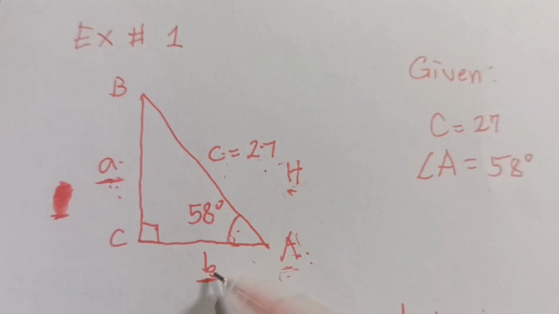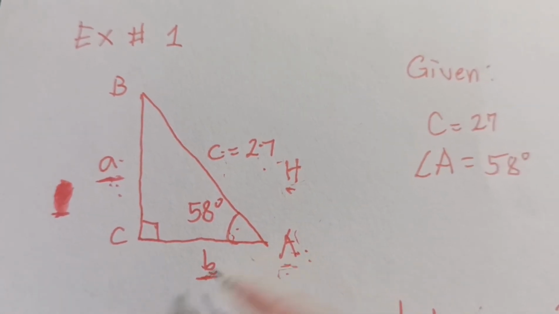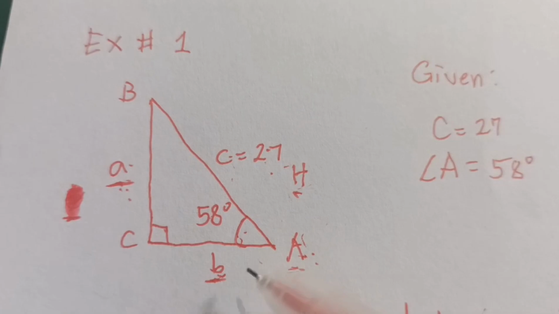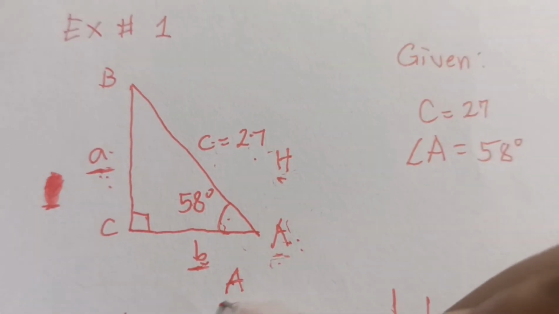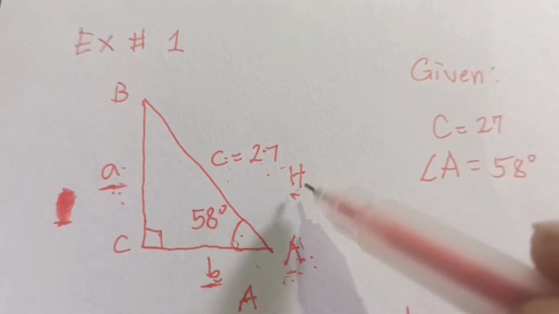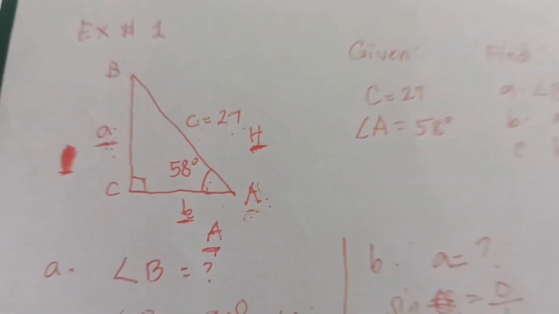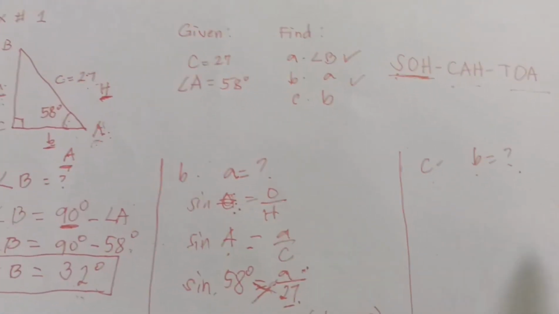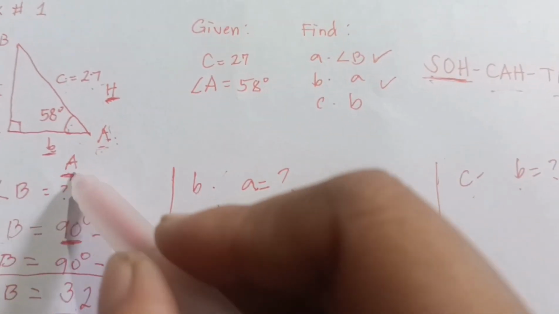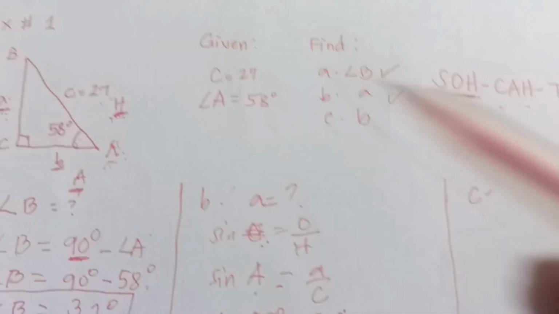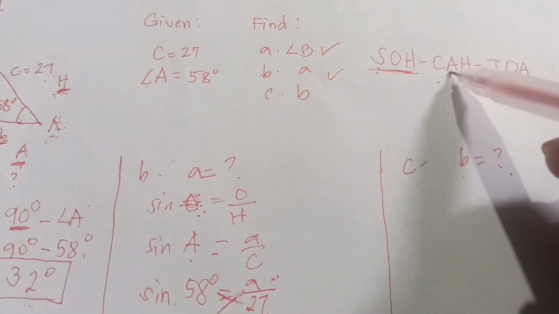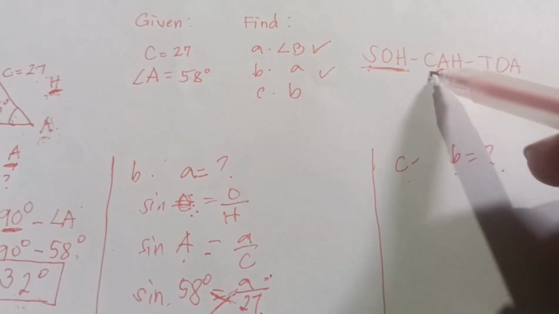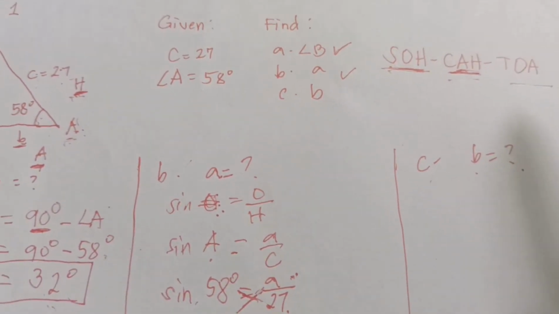If we're going to relate B to A, they are just near to each other. Therefore, they are adjacent. And C is always our hypotenuse. So in our SOH-CAH-TOA, which one has A and H? Here, the one with A and H is this. A and H, therefore we will use CAH.